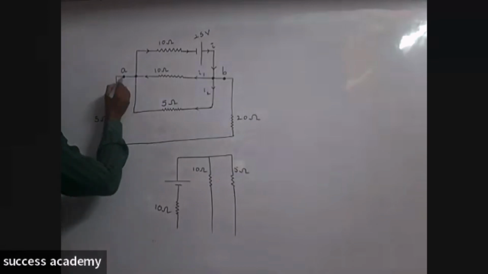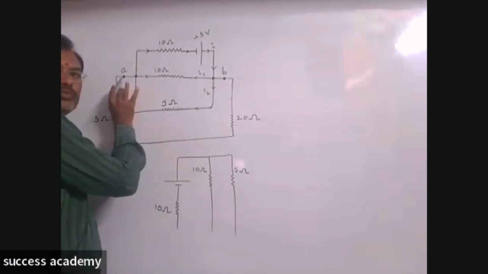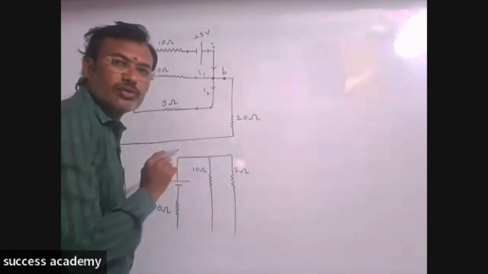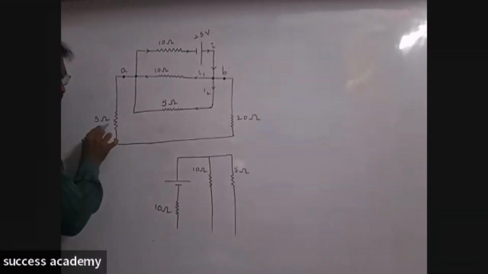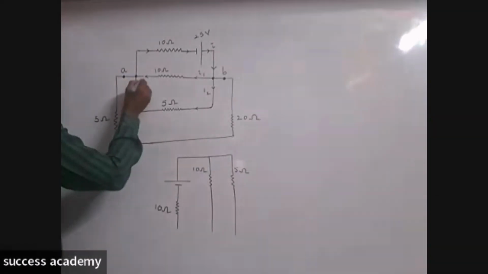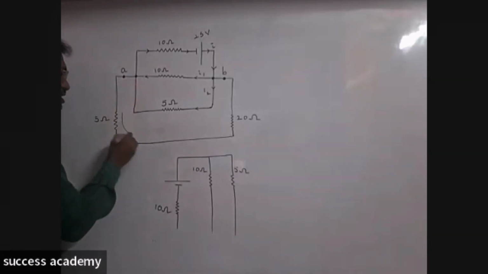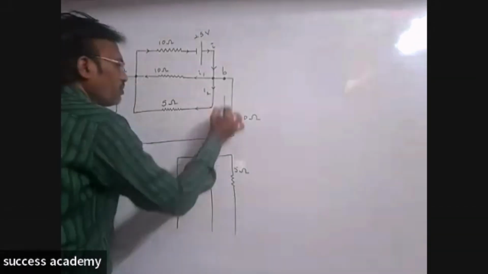Now, observe carefully. In the diagram, they mentioned this is point A and this is point B. Okay, so the two resistors, 5 ohm and 20 ohm, whatever current is moving like this through this 20 ohm resistance. Why?